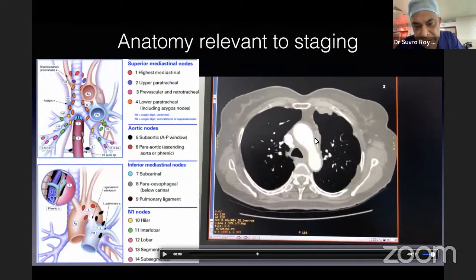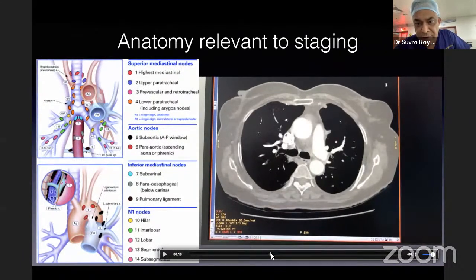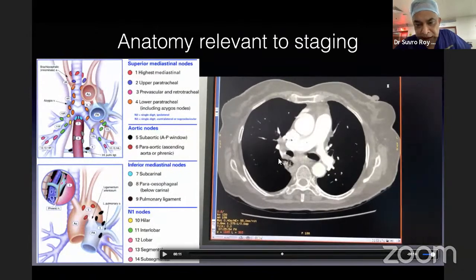Now, if you look at this particular set of nodes, these are prevascular nodes, superior mediastinal lymph nodes, probably nodal station 3 lymph nodes. So these are oval with a central fat density, and these are probably benign nodes and not involved. But the superior hilar node here, or potentially the subcarinal node here, is almost certainly involved.